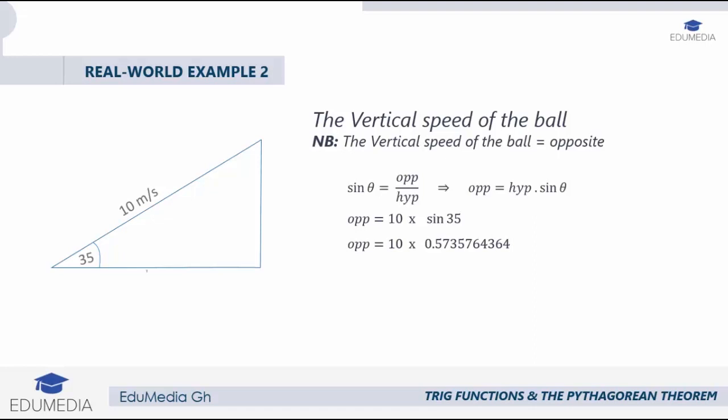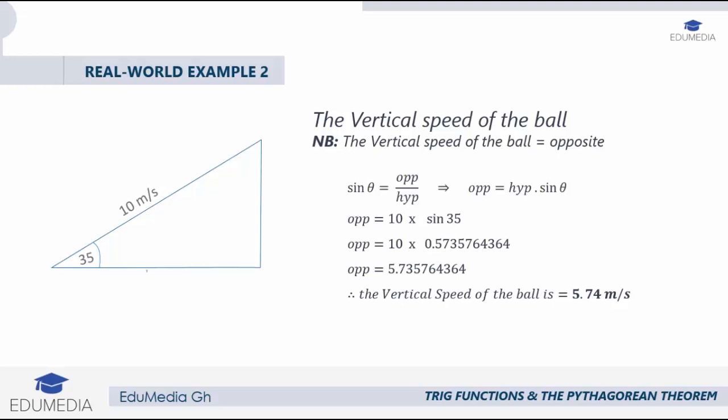When you put sine 35 into the calculator, you should be able to get the same figure as I had here. So 10 times sine 35 gives us 5.735764. So you know these are opposite figures, therefore the vertical speed of the ball is 5.74 meters per second. All right, so this is the opposite value for the ball.